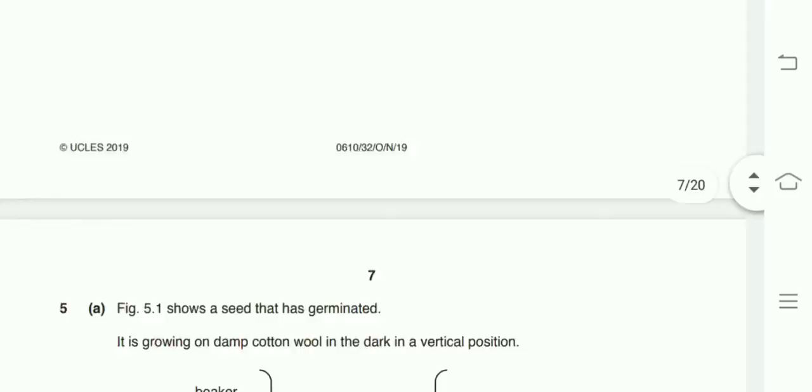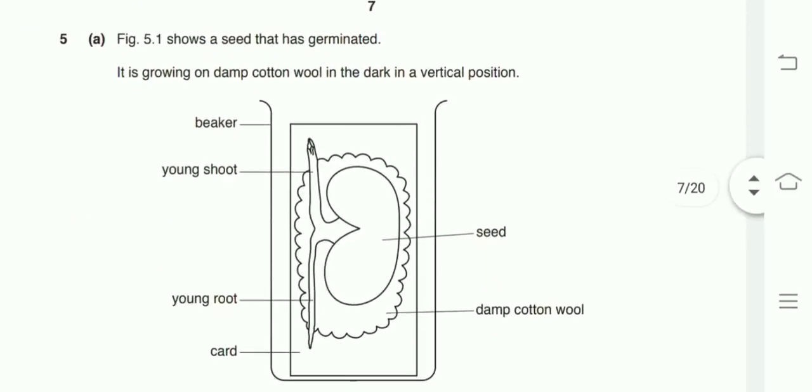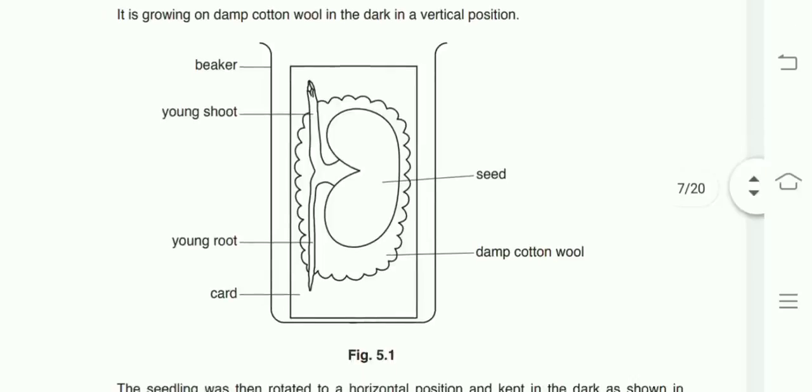Okay, then the next number 5. So here's number 5. Okay, figure 5.1 shows a seed that has germinated. It is growing on damp cotton wool in a dish in a vertical position. Look at here how they set up the experiment.